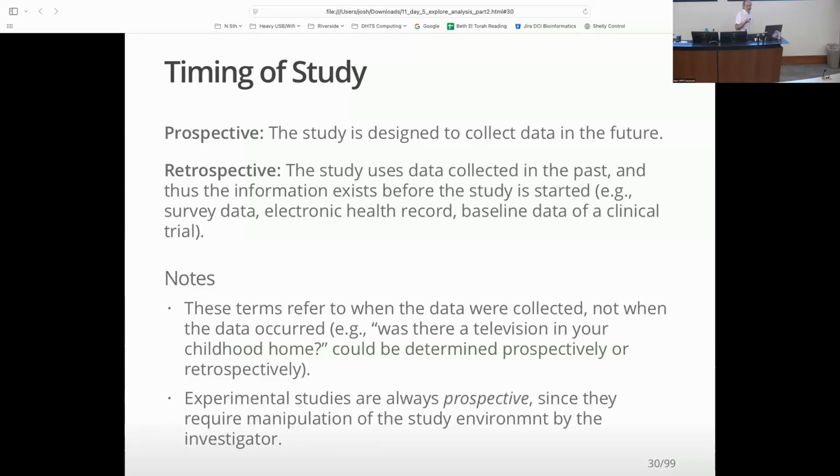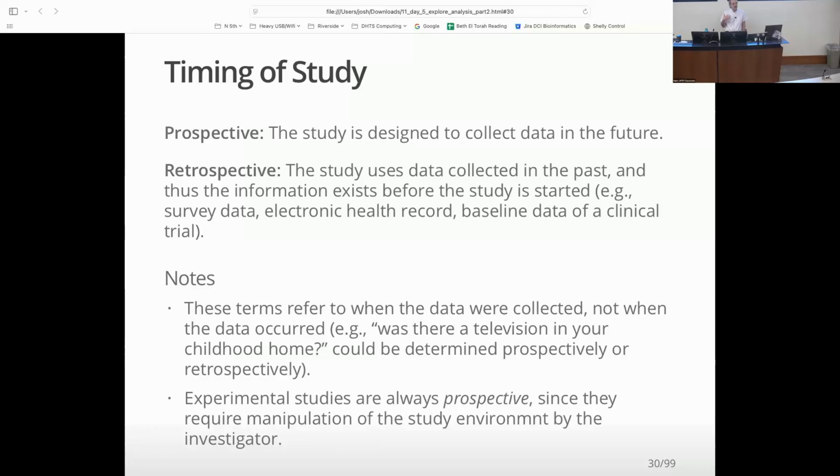Prospective study means that you plan the experiment and then you plan the study, and after you plan the study, you collect the data. Retrospective studies mean that you are doing the study using data that was collected before the study was planned and done.